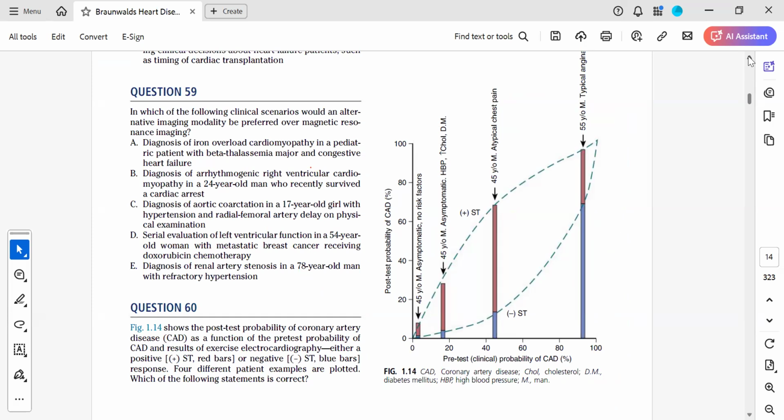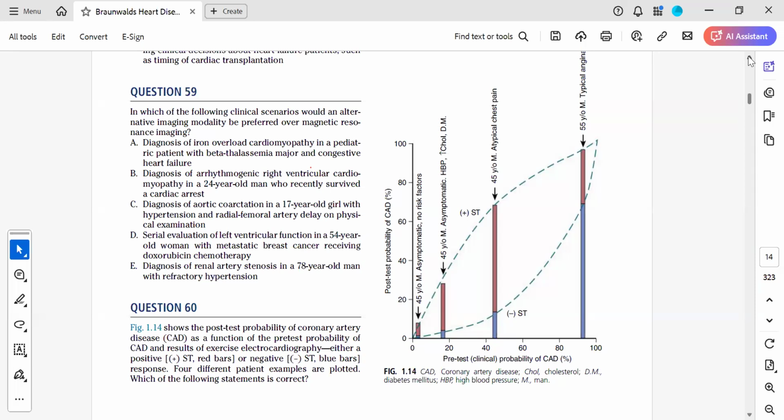In which of the following clinical scenarios would an alternative imaging modality be preferred over magnetic resonance imaging? A. Diagnosis of iron overload cardiomyopathy in a pediatric patient with beta thalassemia major and congestive heart failure.